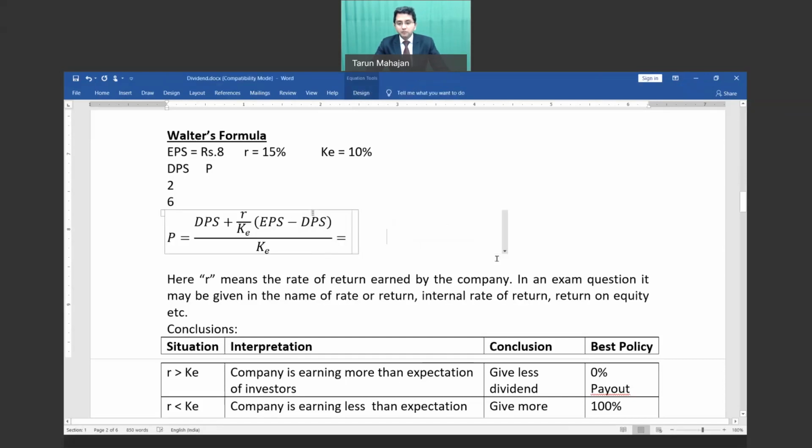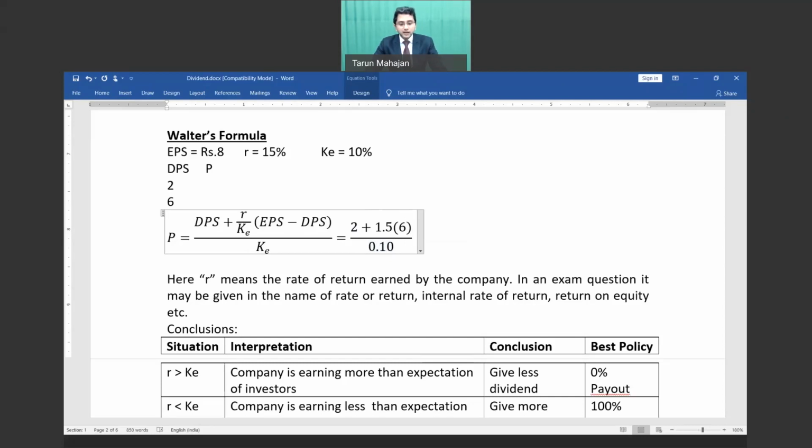So here in this formula, I'll have to put DPS equal to 2 rupees plus R upon K. So R upon K is going to be 1.5. And 1.5 should be multiplied by EPS minus DPS. So EPS minus DPS will be 6 rupees. Divided by 10%, that is 0.10.